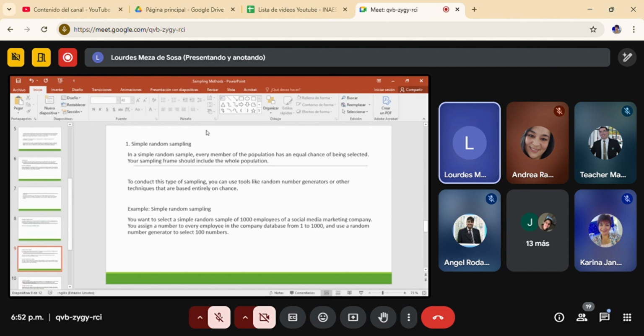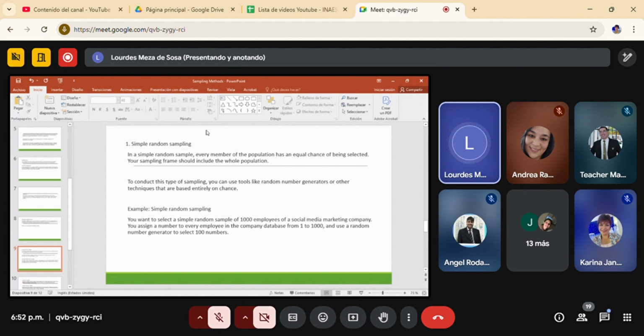An example, you want to select a sample of employees of a social media marketing company, again. You assign a number to every employee in the company from 1 to 1,000 and use a random number generator to select 100 numbers. You raffle it, right?